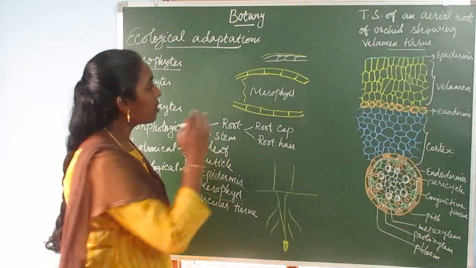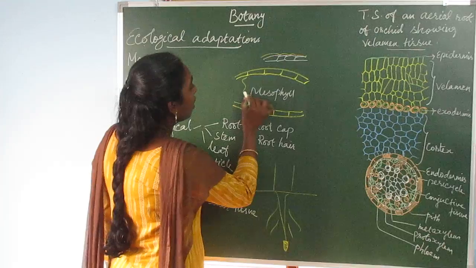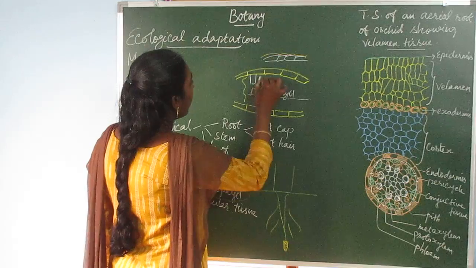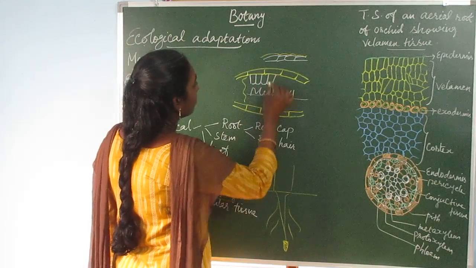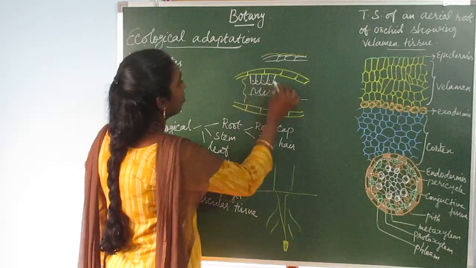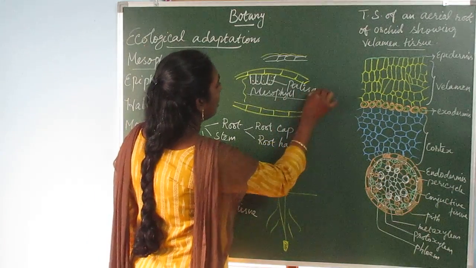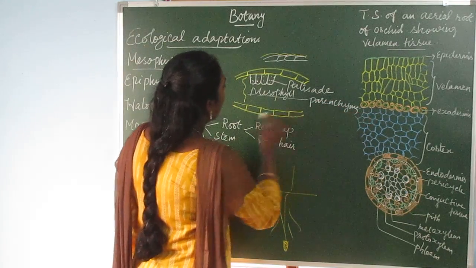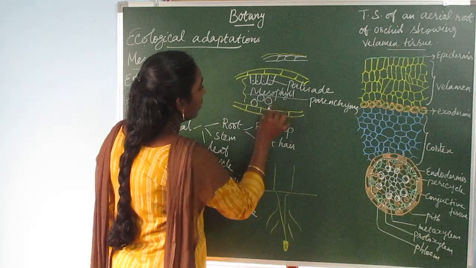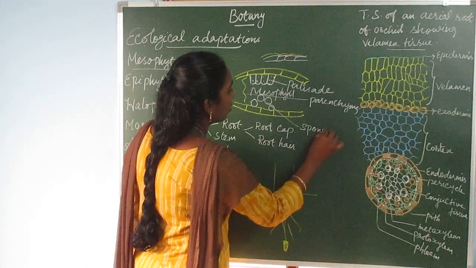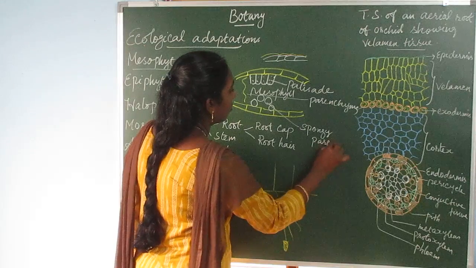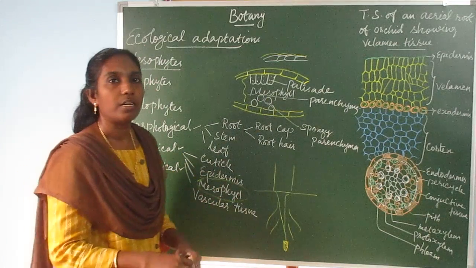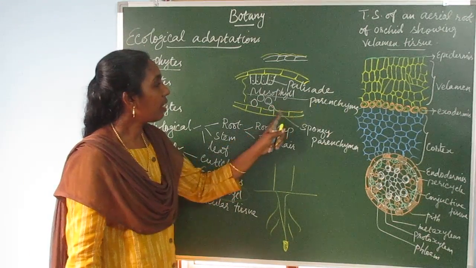In mesophytes, this mesophyll is differentiated into 2 different types of cells, that is, this part which is made up of palisade parenchyma and another of these cells made up of spongy parenchyma. So mesophyll tissue is differentiated into palisade parenchyma and spongy parenchyma.